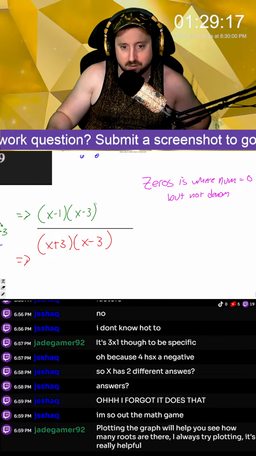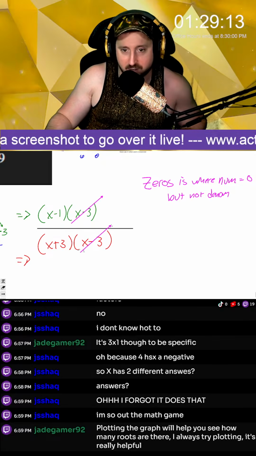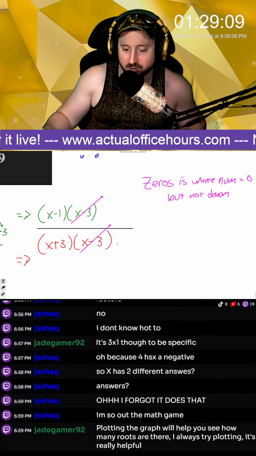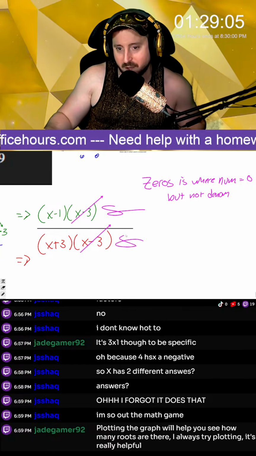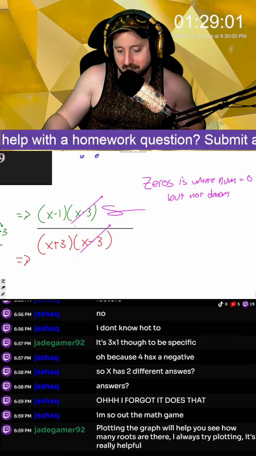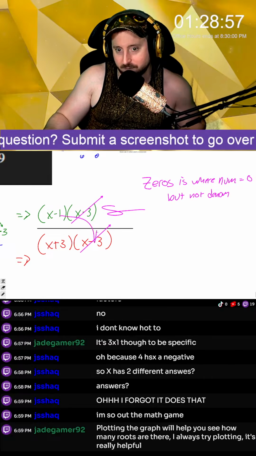So looking at this, you should notice that you could simplify this because these two things technically cancel. You see I have an x minus 3 factor on the top and x minus 3 factor on the bottom. If the top and the bottom are getting multiplied by the same thing, you can technically cancel them out. Because this is like times x minus 3 divided by x minus 3.